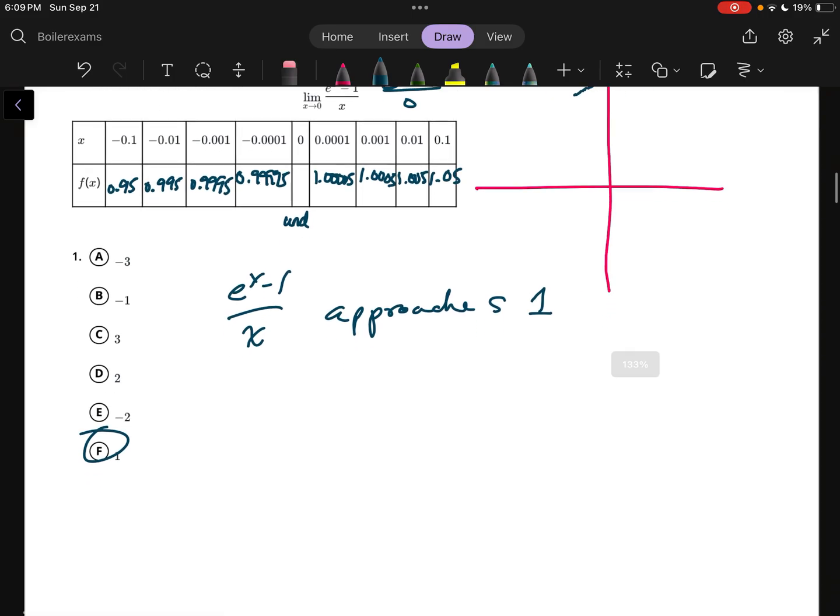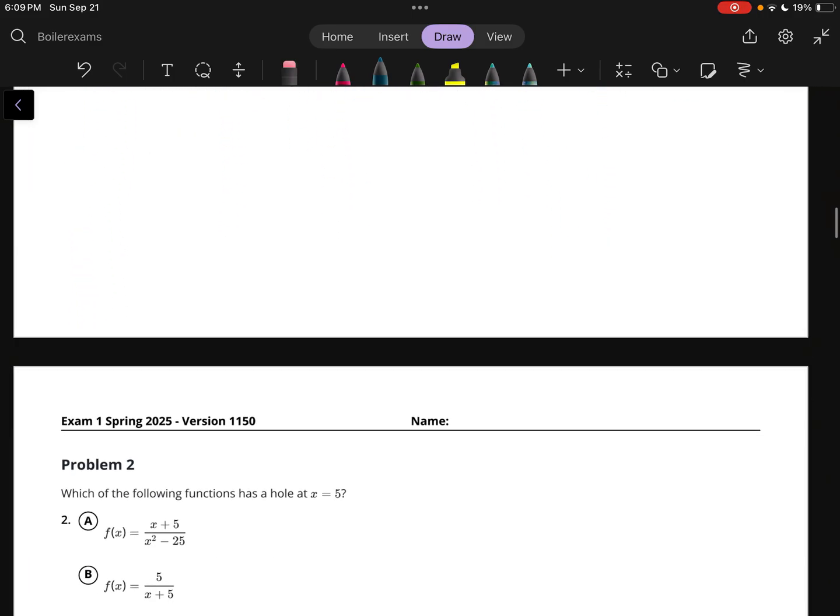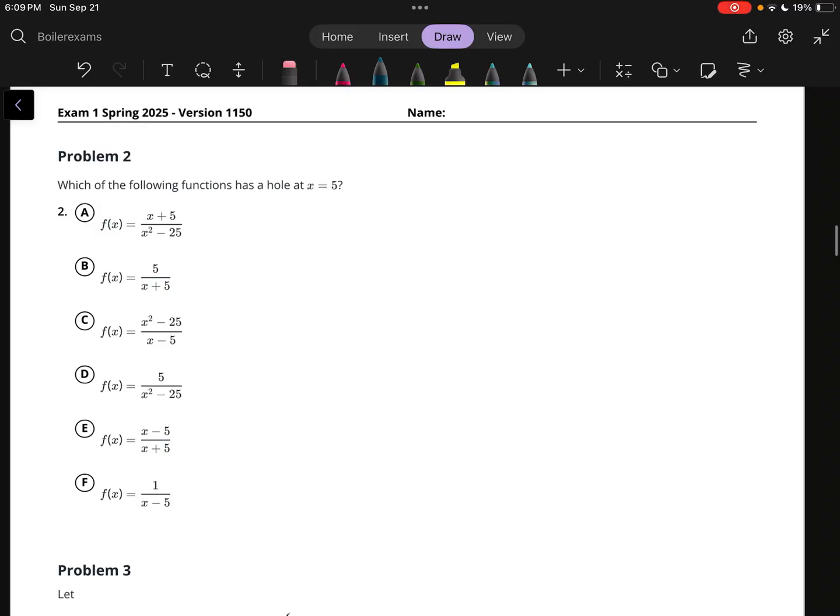Okay, moving on to question 2. Question 2 asks, which of the following functions has a hole at x equals 5? A hole at x equals 5 means that if I were to graph the function, at the point x equals 5 the function is undefined.